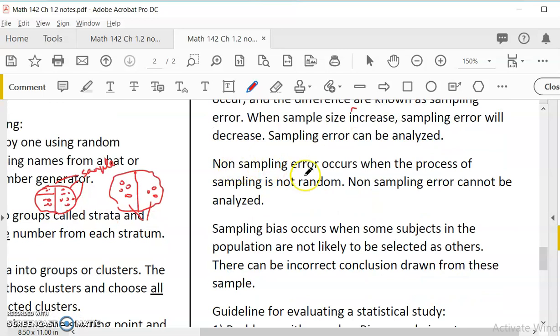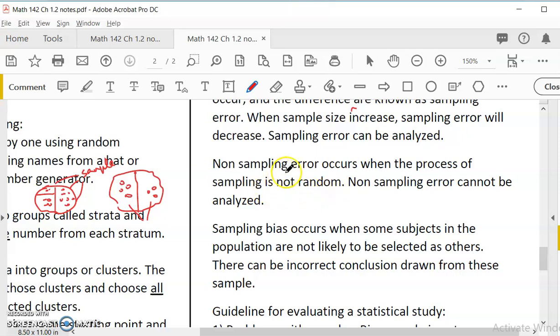What is non-sampling error? Non-sampling errors occur because of bias. So non-sampling error occurs when the process of sampling is not random. If you only get your sample from your friends, so if the student is a female, she collects 20 friends, of course the number of females may be higher in the group of 20 students that she collects.